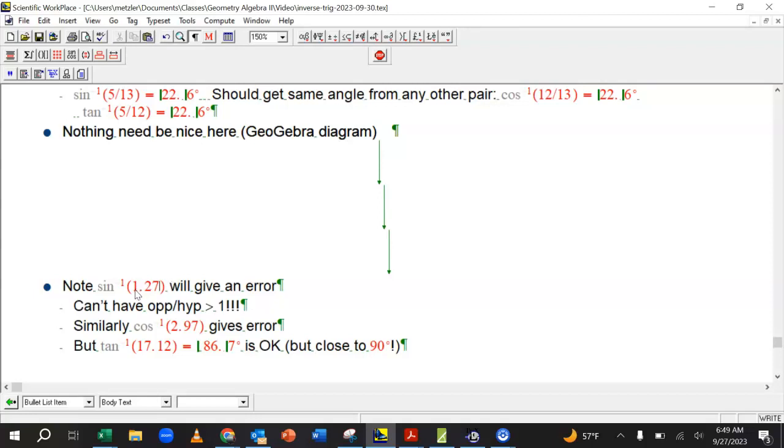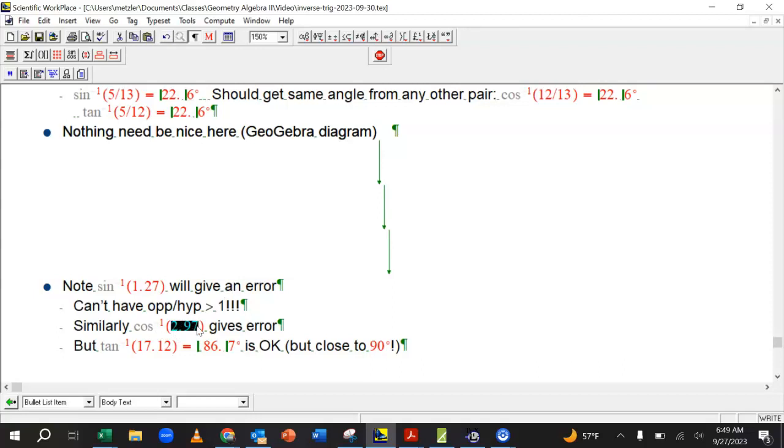So if you're doing a calculation and you're saying, oh, I'm pretty sure I take inverse sine of 1.27, you put it into the calculator, and it gives you an error. That's not the calculator screwing up. It's a sign that you've put in the wrong input to that inverse sine function. Sometimes it's as simple as you took hypotenuse over opposite instead of opposite over hypotenuse.